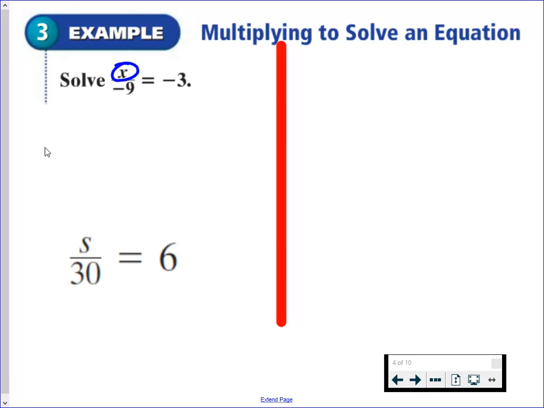Remember, the whole goal is to find what makes x true. We want true math. This says divide, so I'm going to multiply. Now, I understand that in 5th grade, you maybe wrote times negative 9. Maybe you wrote that in 6th grade.